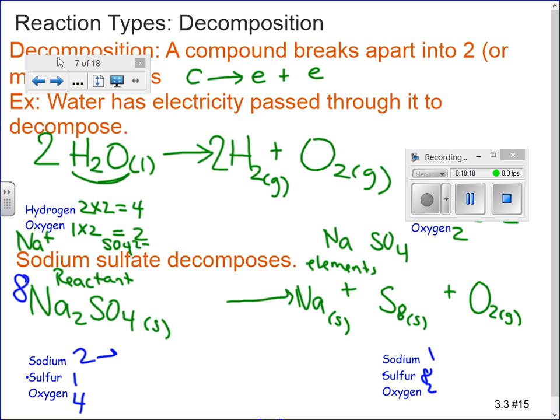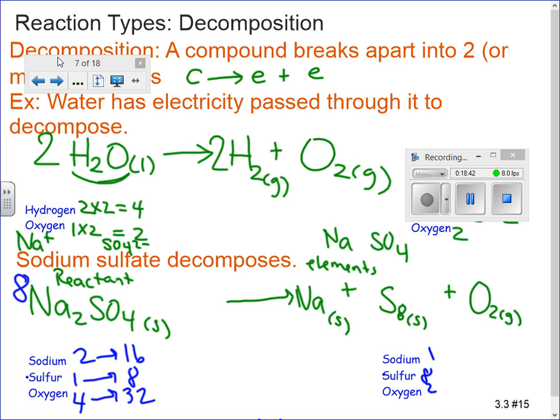Now that means that instead of 2, I have 16 sodiums. Instead of 1, I have 8 sulfurs. And instead of 4, I have 32 oxygens. So now I compare that to my products. I just balanced sulfur, so it's okay.